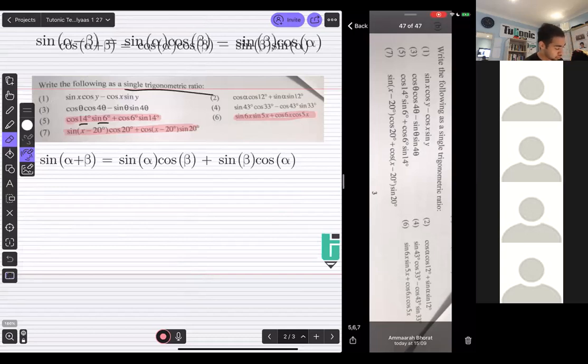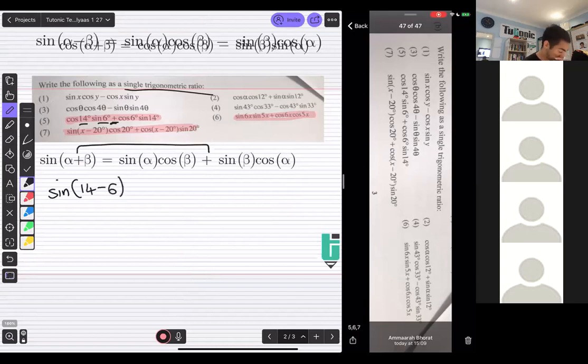So you must add because you must look at this sign. If it's this one, then it's sine A plus B. So the signs correspond. But for argument's sake, Amara, if this was negative, then your answer would be sine of 14 minus 6, which would be sine of 8. Does that make sense? Yeah, it does.